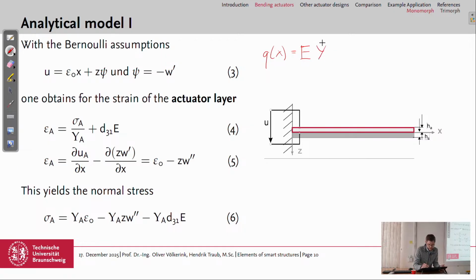In our case, no, sorry, I mixed it up. It's in our case YE times the fourth derivative of W. W is the transverse deflection. So for example, W at the position x equals L would be the deflection here.